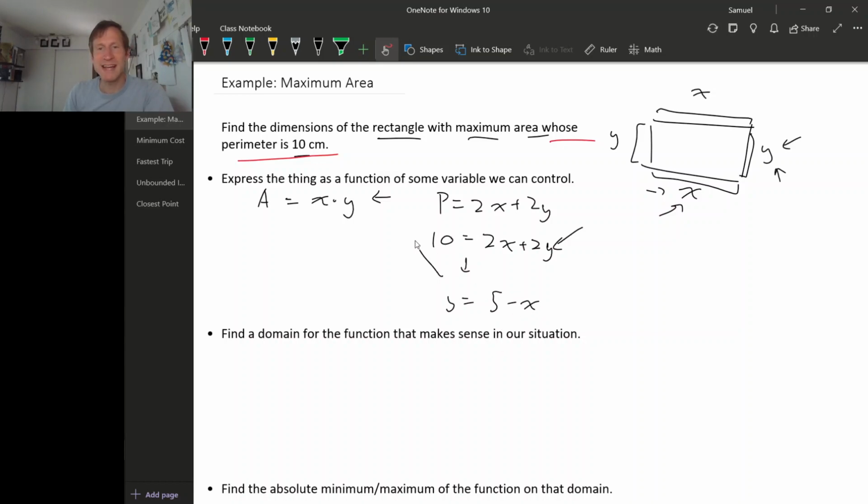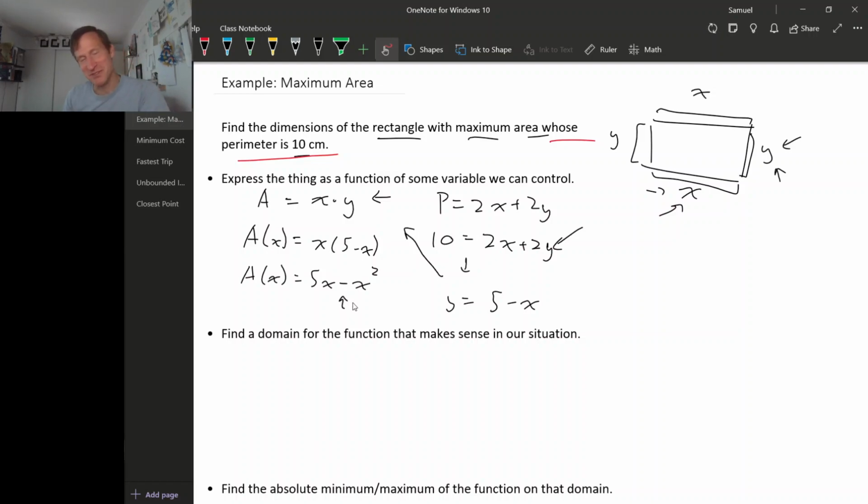And then we can put that into our area formula to make it a function only of x. So now we have area as a function of x, and it is x times 5 minus x, or 5x minus x squared. Now, this particular function that we want to find a maximum for is quadratic, and we know where quadratics that open down have their maximum.